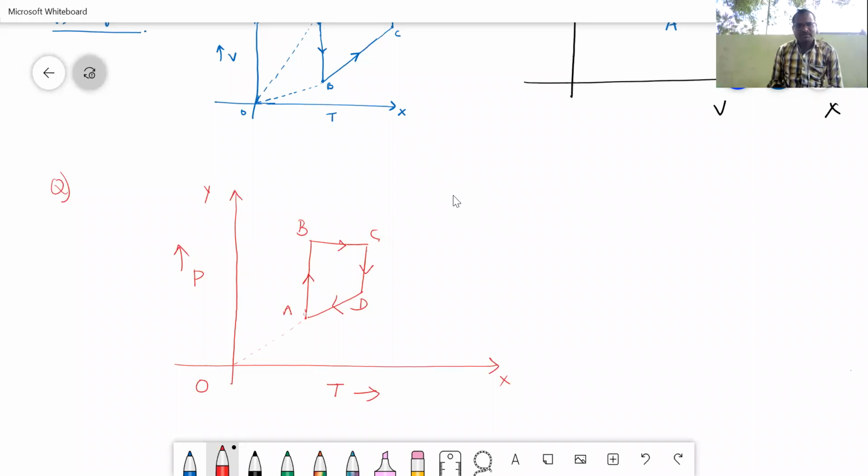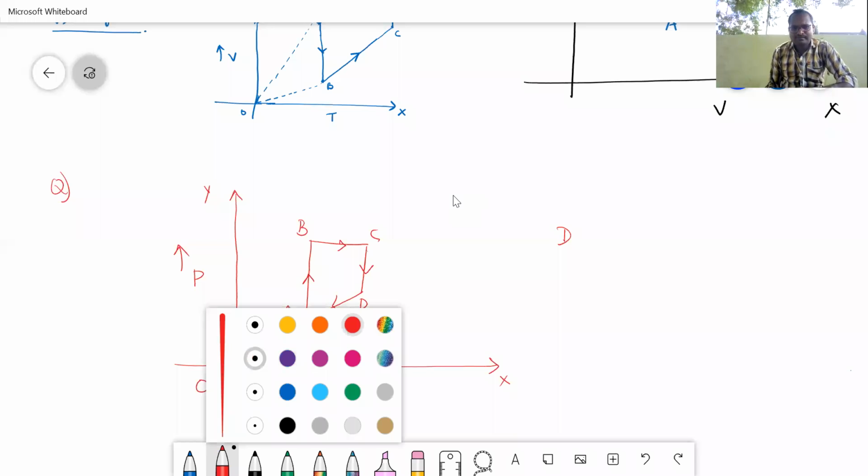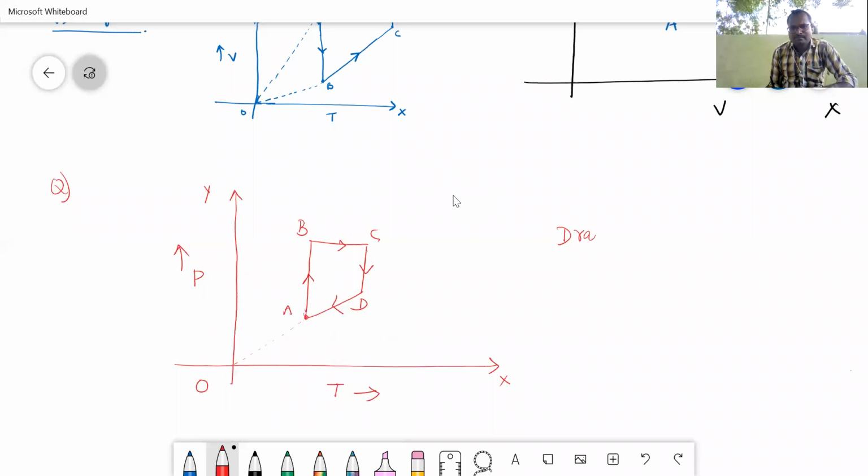Now for this, draw the corresponding VT and PV graphs.